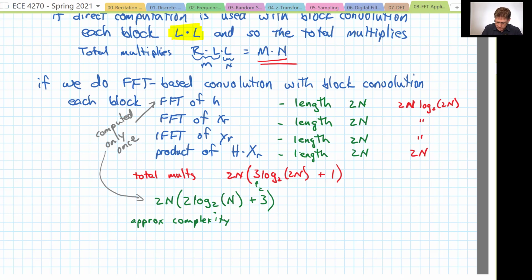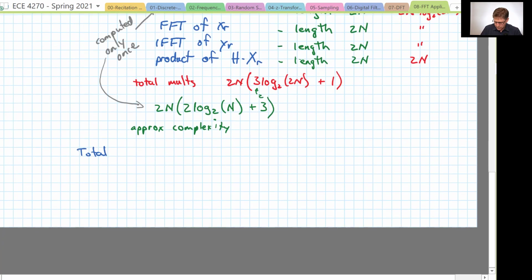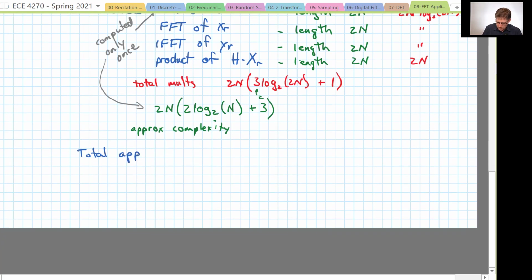So the total approximate complexity is just equal to 4Rn times 2 plus log 2 n. I'm sorry, not 2 plus log 2 n, but 3 halves plus log 2 n.